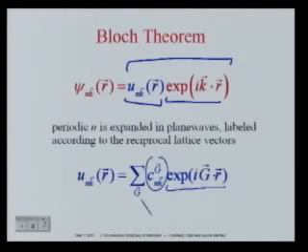And we can systematically improve the quality of this basis set expansion by increasing the number of G vectors that we use, and we can do that systematically by taking G vectors with longer and longer lengths, or as we say, with higher and higher energy cutoff, because higher and higher energy cutoffs, or longer and longer moduli for the G vectors, correspond to plane waves with finer and finer periodicity, so with finer and finer resolution.